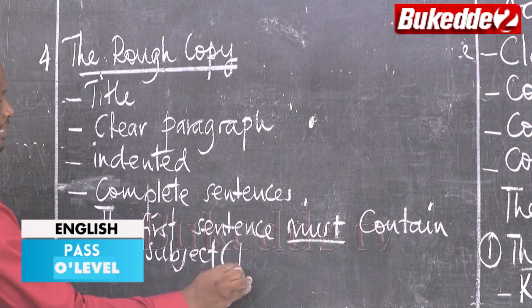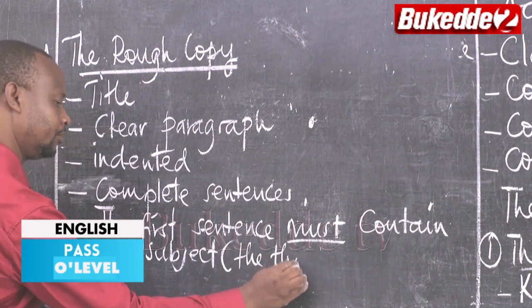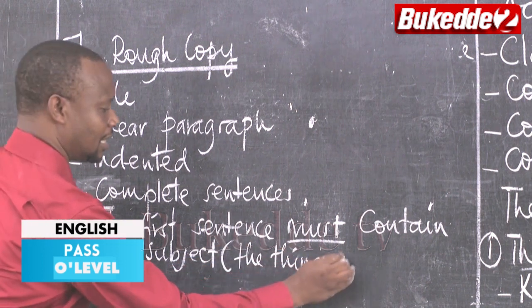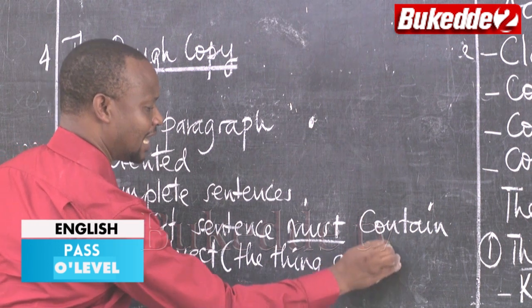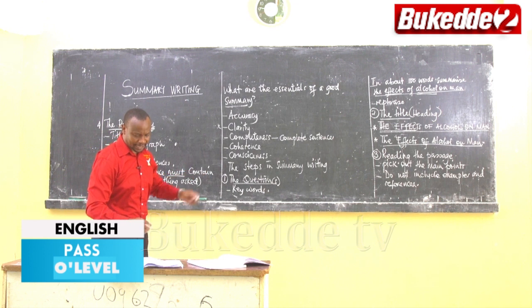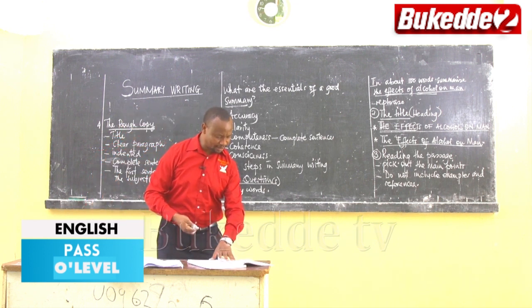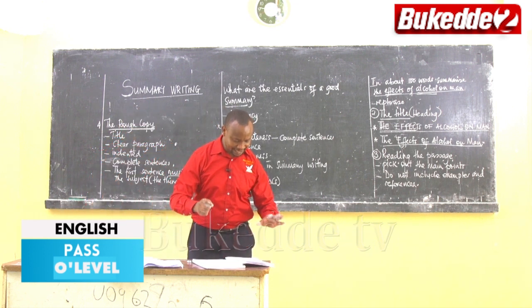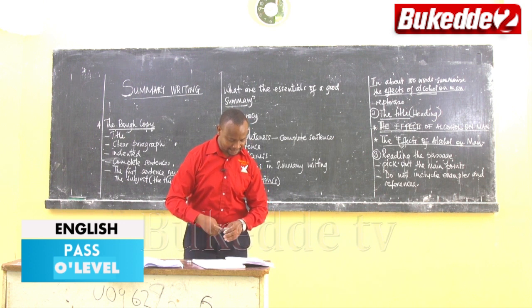This is the thing asked for. What have they asked for in the question? So the first sentence in your paragraph must contain that thing that has been asked for.